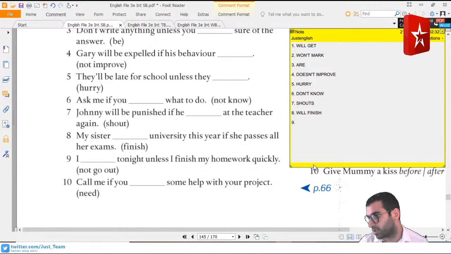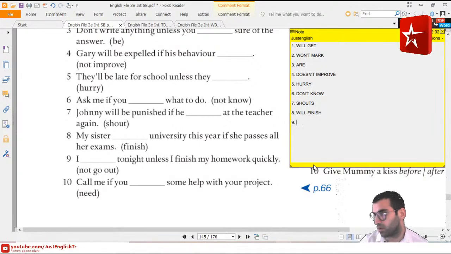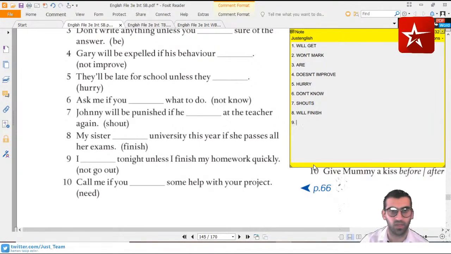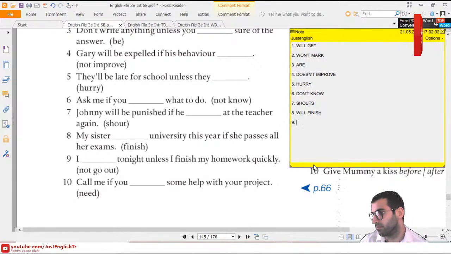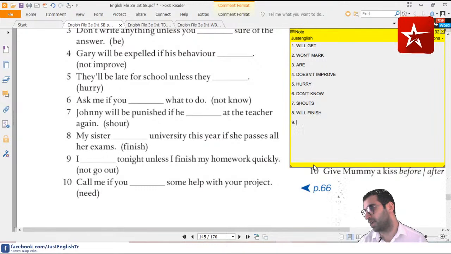Lisa, Alp, Rana say won't go out. We will see. Minever and Azime say won't go out.